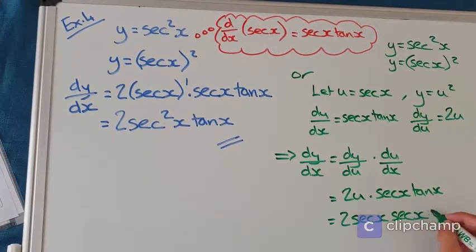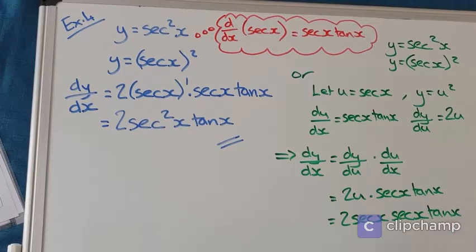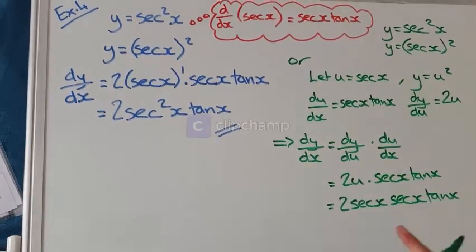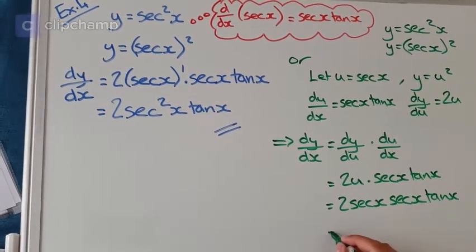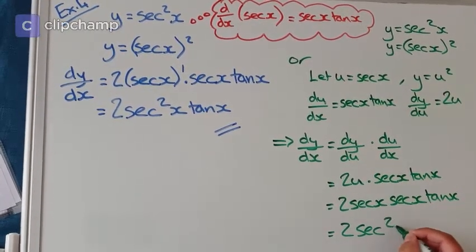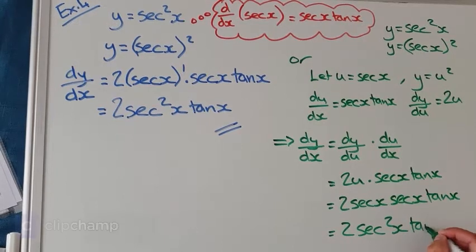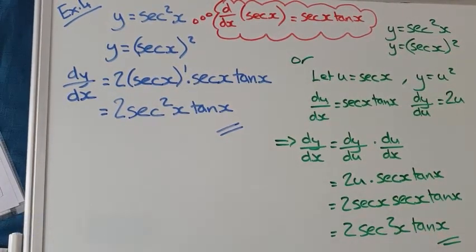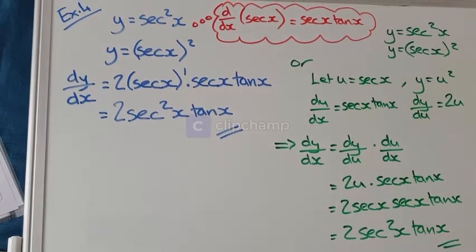I already get sec x here, tan x. And you can see we can write that as 2 sec squared x tan x, which takes me to the same answer as I had already up here.